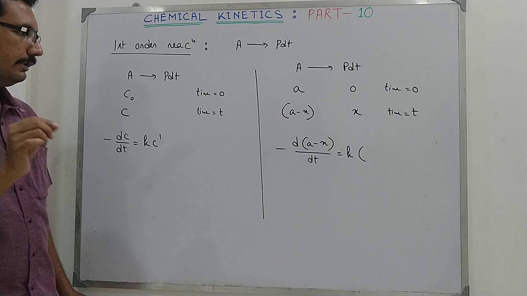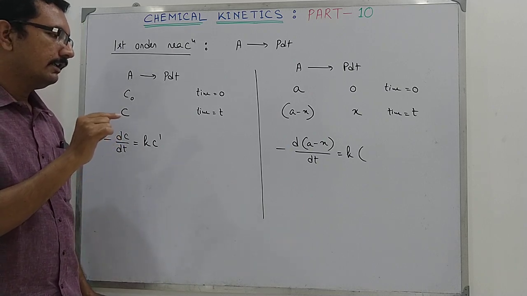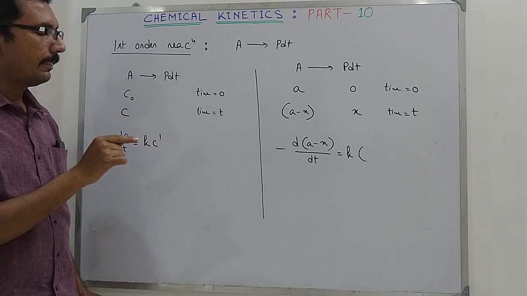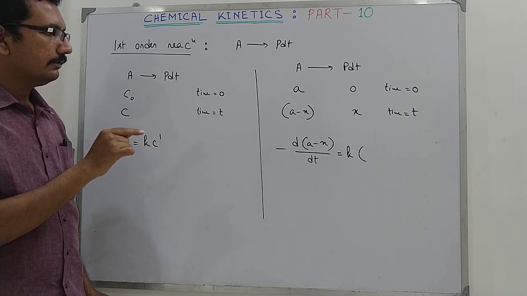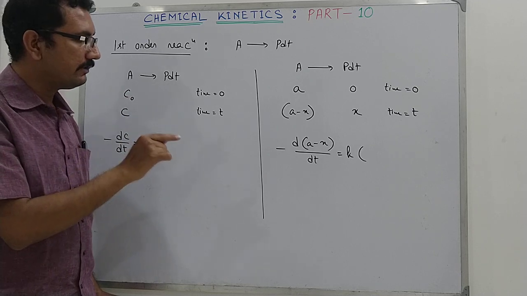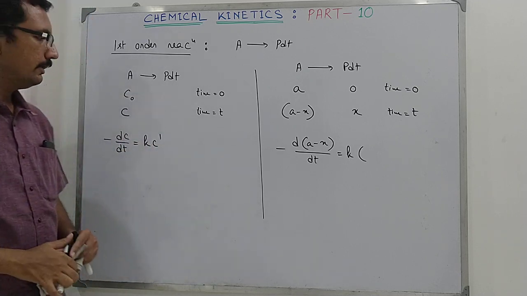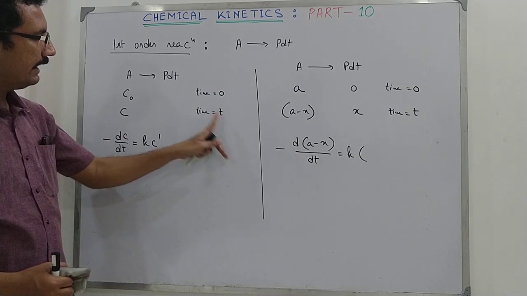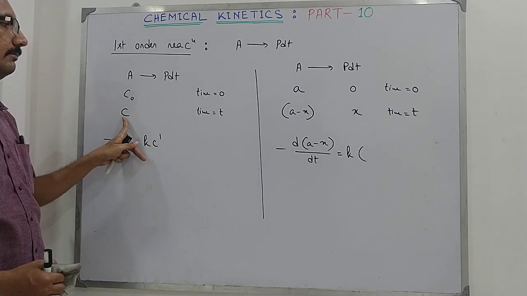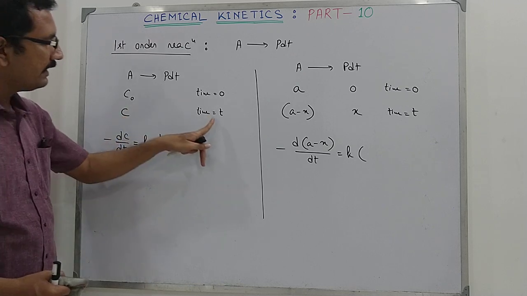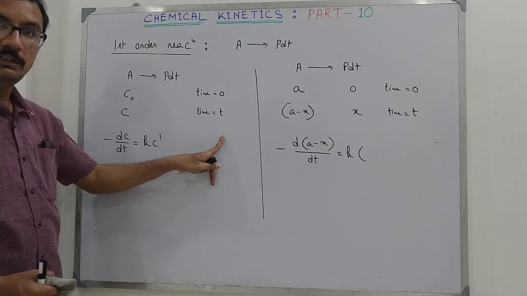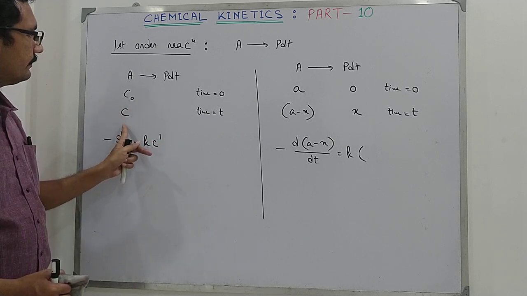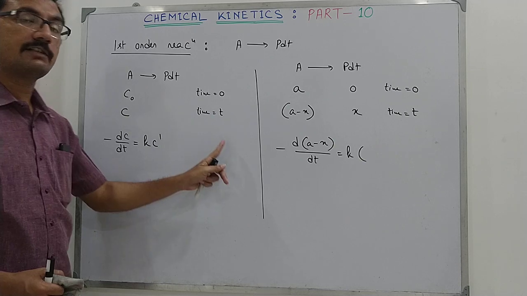Here you must be careful that the rate will depend on the concentration at which you are measuring the rate. So if you are measuring the rate at time t, then the rate will depend on this C. And if you measure at a different time, say t prime, then the rate will depend on the concentration of the reactant present at that time.